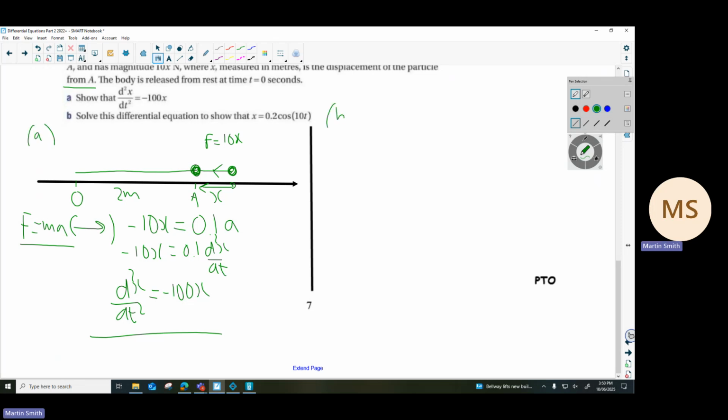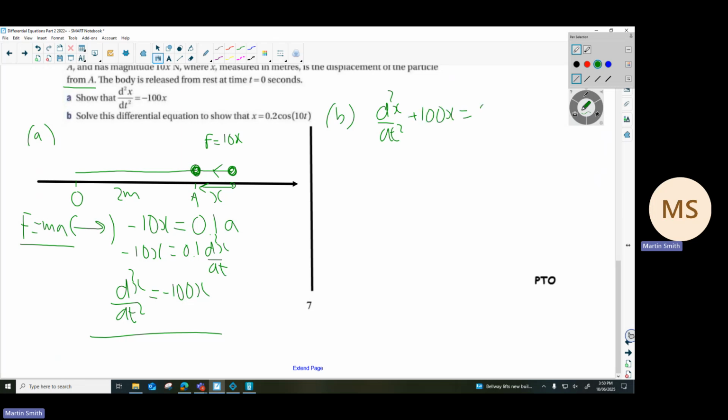B. Solve this differential equation to prove that x is 0.2 cos 10t. So the way of solving these differential equations is to get them all equal to 0. d2x by dt squared plus 100x is 0, and write down the auxiliary equation m squared plus 100 is 0.